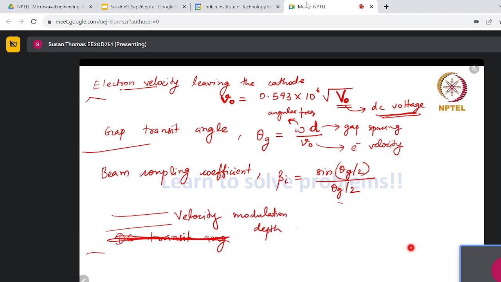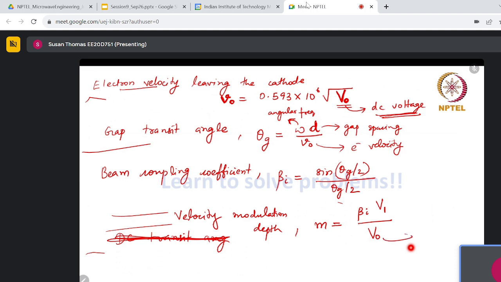I told you about the velocity modulation happening in the buncher cavity. Whenever there is a modulation, we can talk about modulation depth, like the modulation index in analog communication. So the modulation depth M is beta I, the beam coupling coefficient, multiplied by V1 divided by V0.